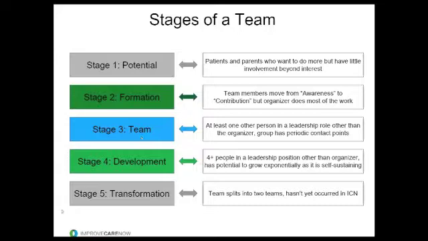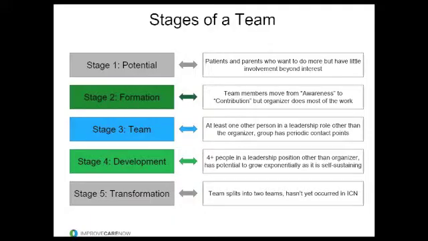Then we have stage 5, which is transformation. This is when the team actually splits into 2 teams. It's big enough and self-sustaining at that point to split. We haven't actually had that happen in the ICN community yet, but that's what it would look like. Next slide, please.